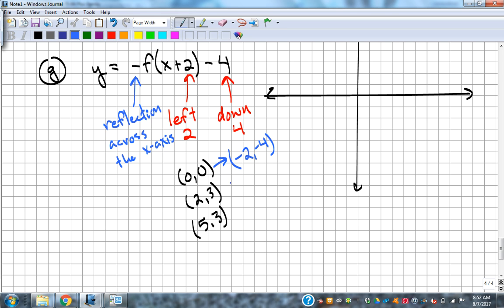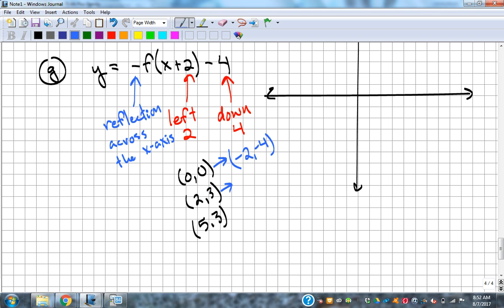Now, 2, 3 is a little bit different because we've got some numbers in there. So when we reflect 2, 3 across the x-axis, 2, 3 is right here. If I reflect it across the x-axis, it's going to go down here at 2, -3. And then I'm going to move that point left and right.